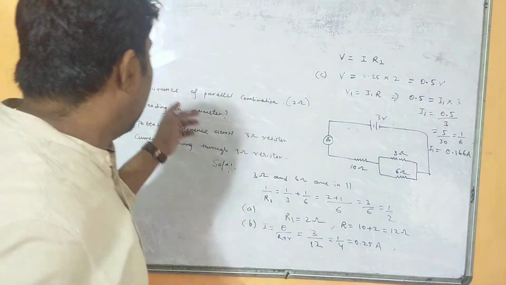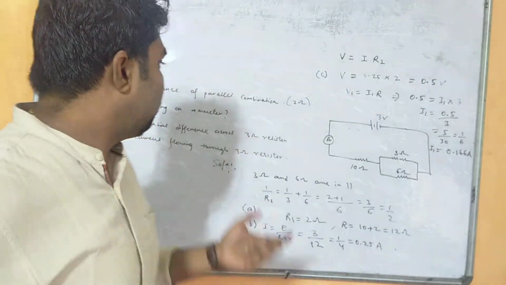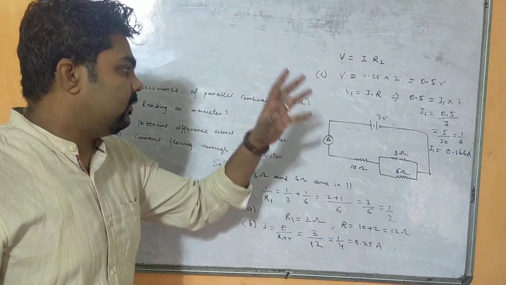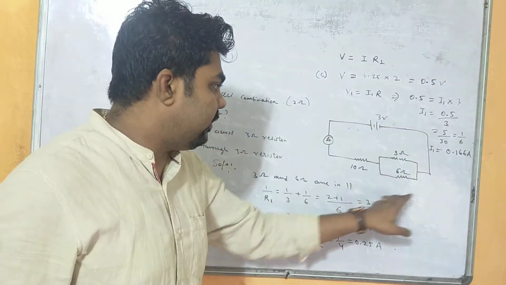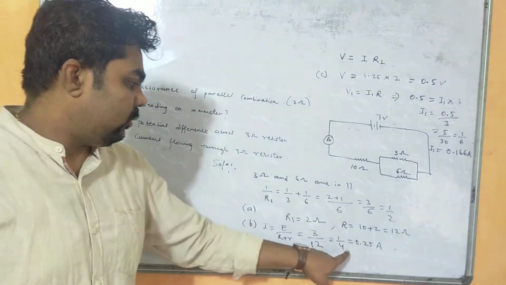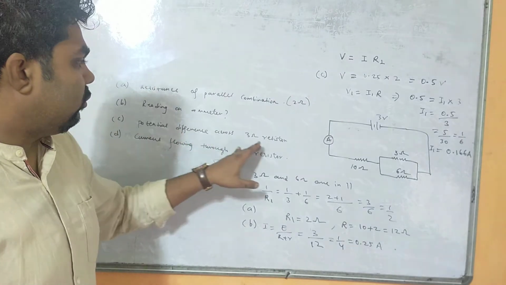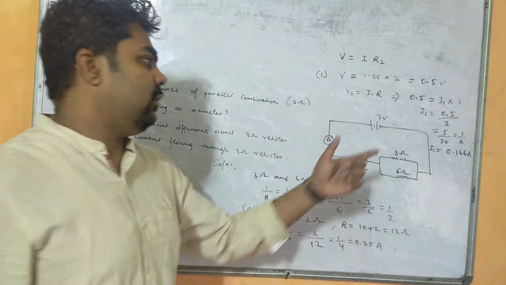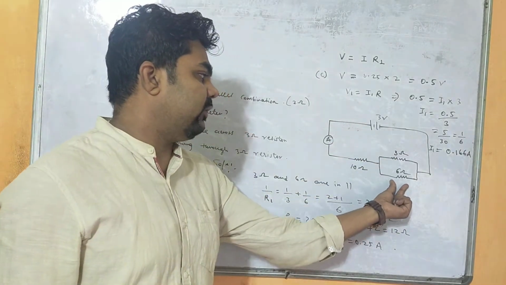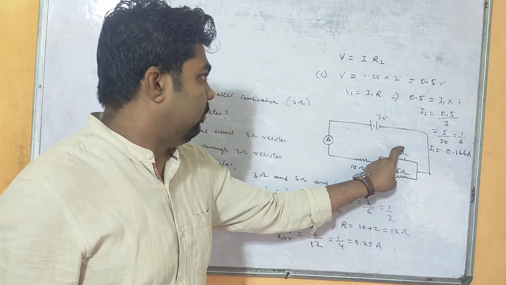So let me make it clear once more. So first of all, resistance of parallel combination means we will find this resistance by using the formula. Next, reading on an ammeter means here total voltage by total resistance. So we will get here total voltage by total resistance 0.25 ampere. Next, we have potential difference across 3 ohm resistor. Now we have to see that 3 ohm resistor is in parallel combination with 6 ohm. So total resistance is here 2 ohm, right?